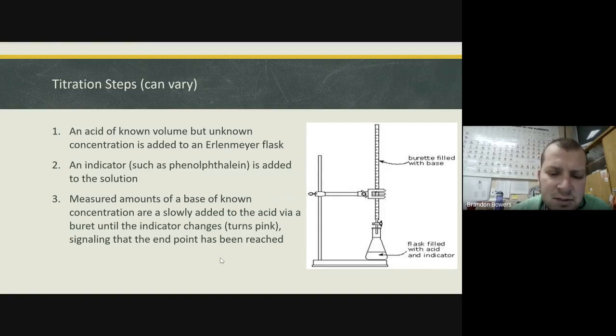An indicator such as phenolphthalein is added to the solution. Measured amounts of a base of a known concentration are slowly added to the acid via a burette until the indicator turns pink, signaling that the endpoint has been reached. So that's the steps of how a titration process occurs.